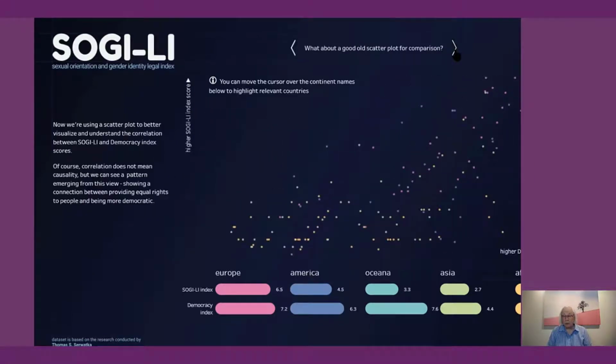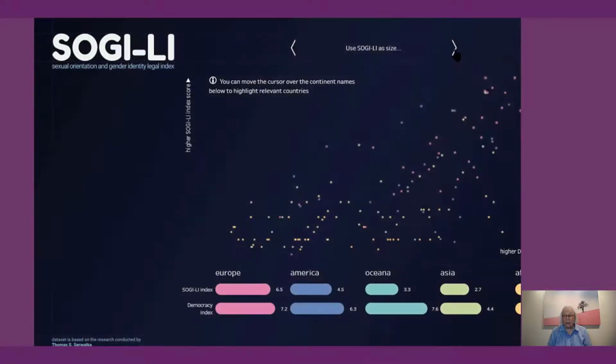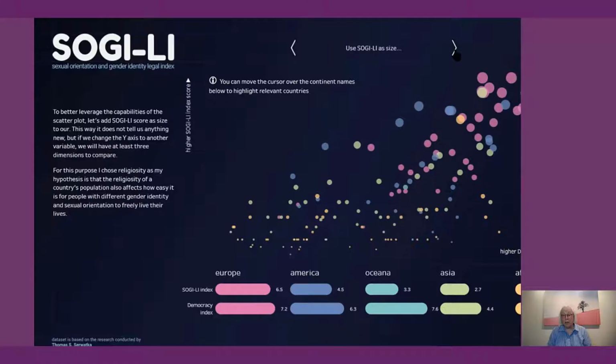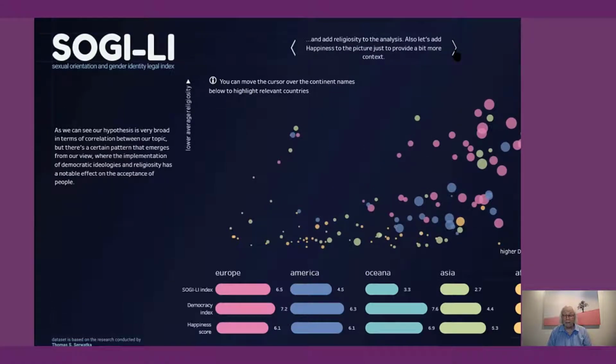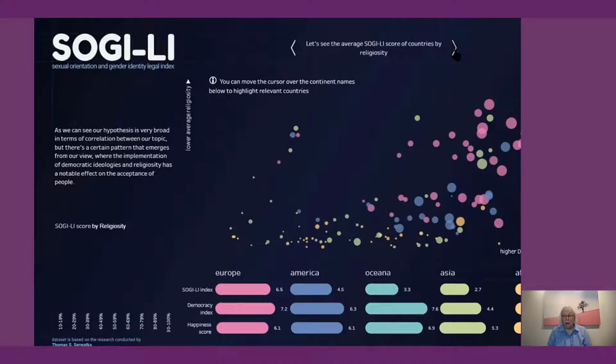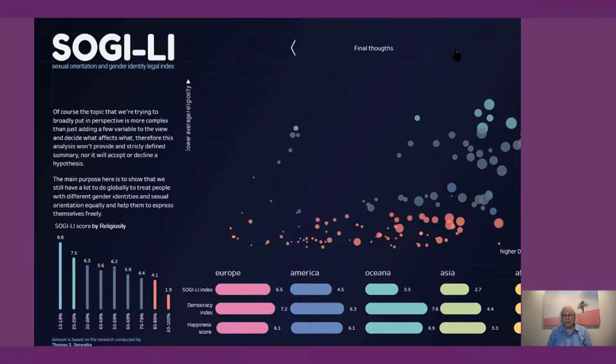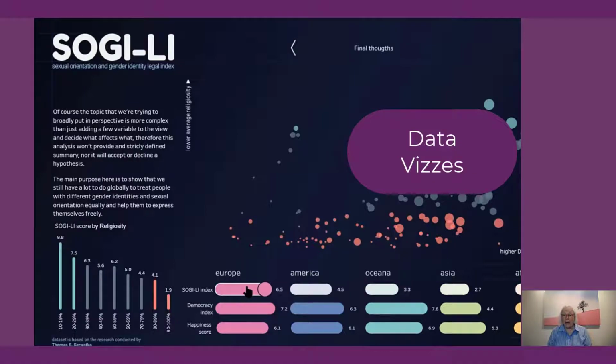In this module, you will create and publish a Tableau dashboard. In Module 8, you will learn how to create an interactive Tableau story like the one behind me. In this video, I hope to show you how powerful Tableau can be for creating effective data visualizations quickly and intuitively. We call them data vizzes.